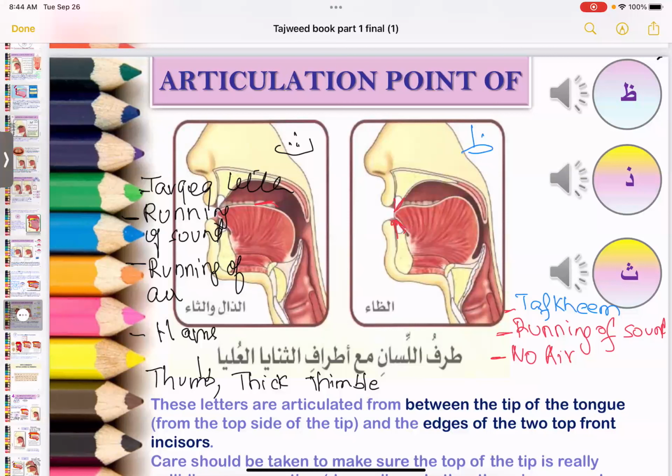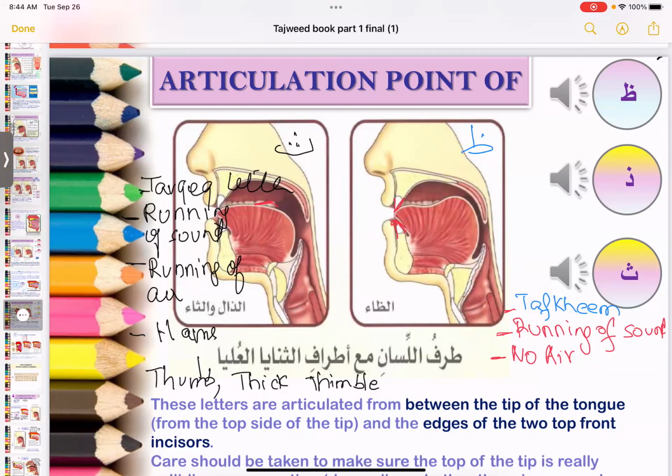These 3 letters are from the tip of the tongue, and the tip of the tongue touches the edge of the top teeth. Okay, so how does the sound come? Where does it originate from? It originates when the tip of the tongue rubs against, or is in contact with, the edge of the top 2 front incisor teeth.